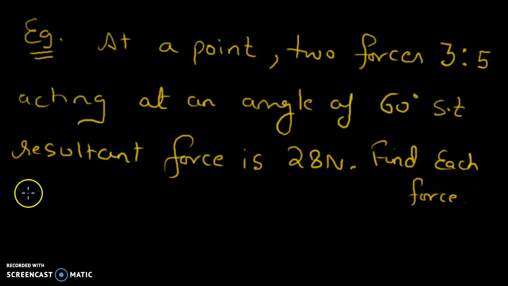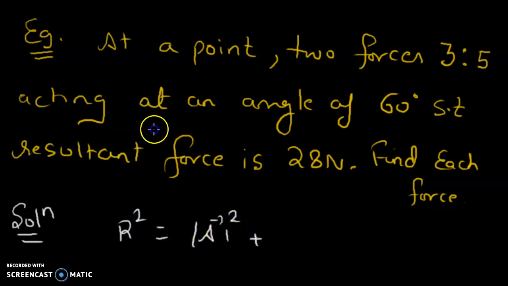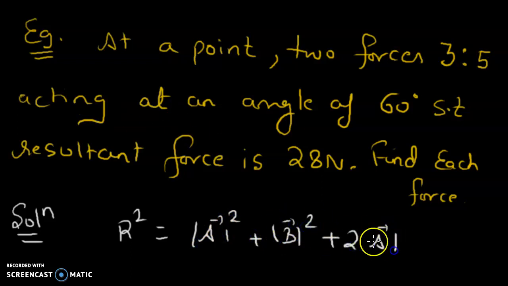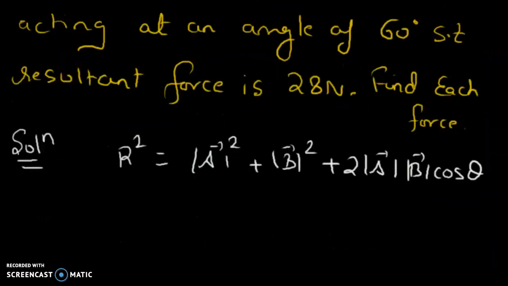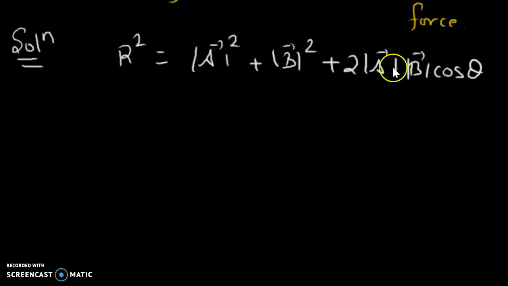So what would I do? I would apply again the parallelogram law of vector addition, which is: the resultant square is equal to the individual squares plus 2ab cos theta. What is the resultant force? 28 Newton, so it is 28 square.